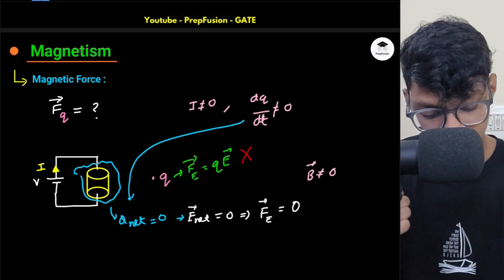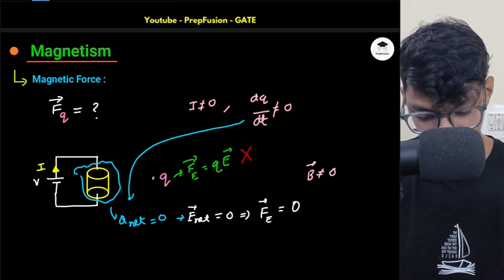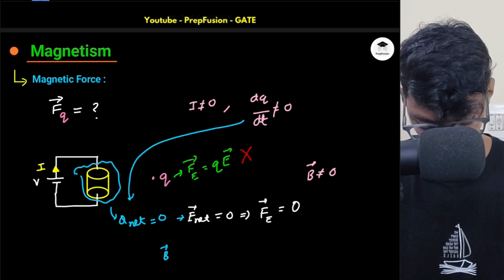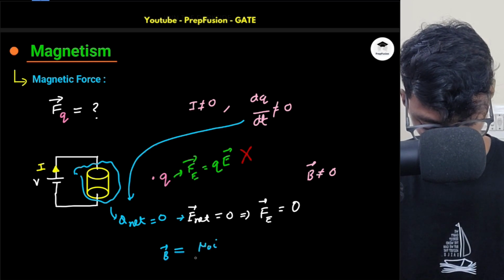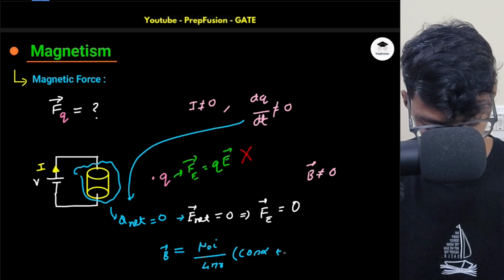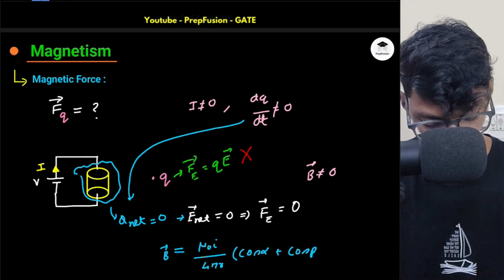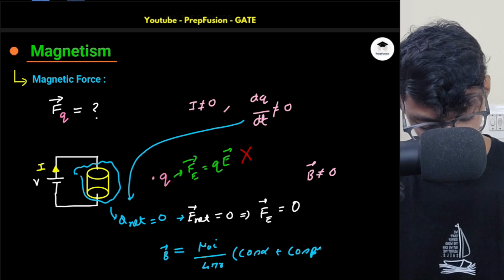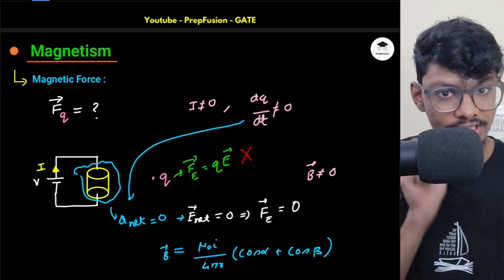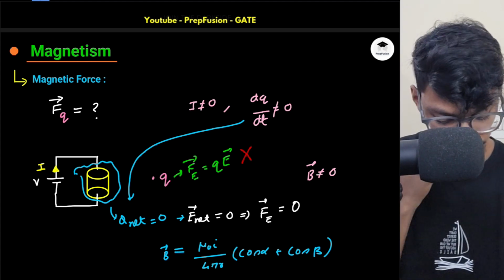I know that if a current flows, the magnetic field is simply mu naught I by 4 pi r times (cos alpha plus cos beta), whatever the direction be. I will come to the direction, don't worry about that. But the most important point is that the magnetic field is not 0, and the electric field is definitely 0. So you have to understand these two things.